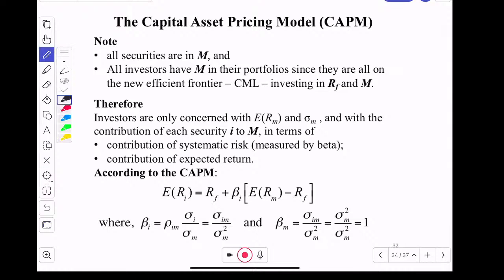So this is called the market risk premium, which I estimate historically is about 8%. So for every unit of risk measured by beta, I want to be compensated the market risk premium in order to invest in asset I over and above the risk-free rate.